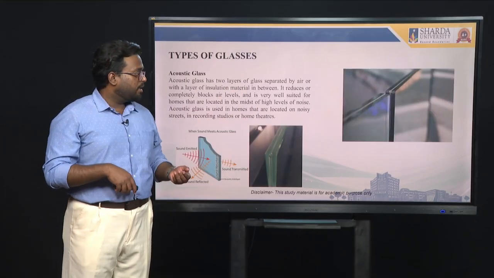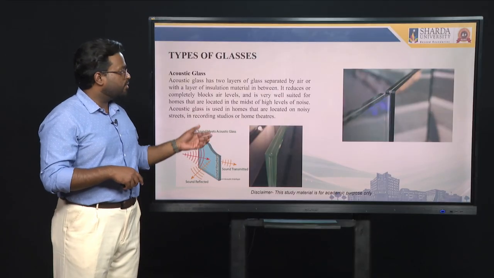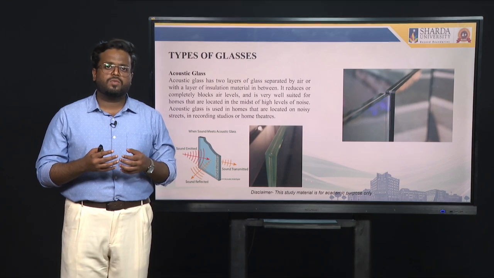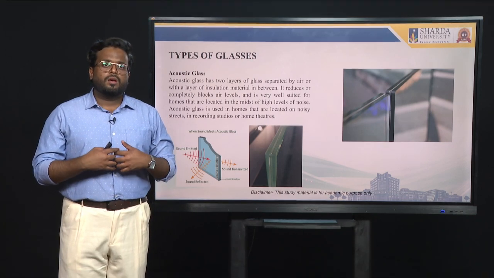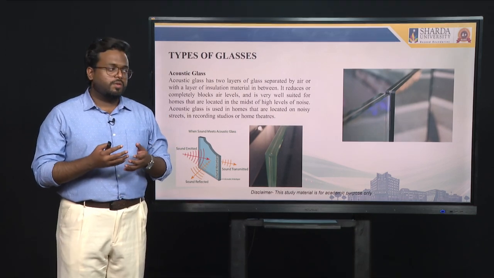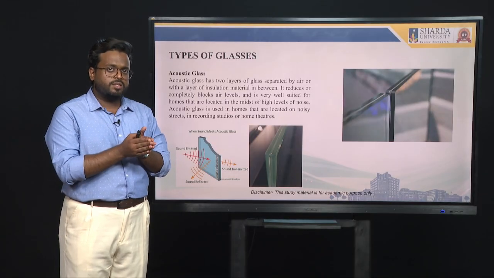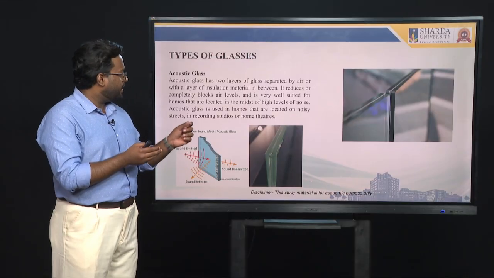The next type is acoustic glasses. One of the major demerits with glass was the reflection of sound. The acoustic glasses basically solve this because now we are sticking two glass sheets against each other with a membrane that is soundproof.